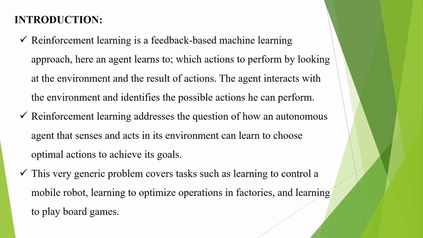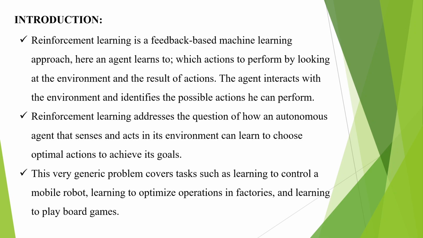When we say agent, it is nothing but the action performer, the active, intelligent part of the learning process. In our robot example, we consider the robot itself as the agent. What the agent learns is the type of actions which have to be performed by looking at the environment.